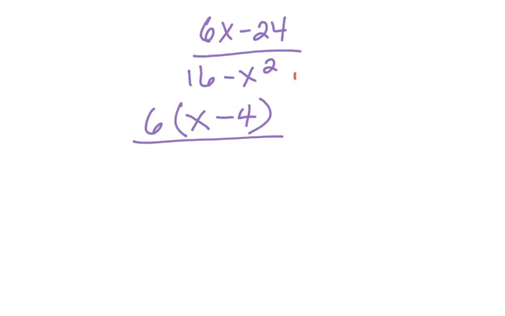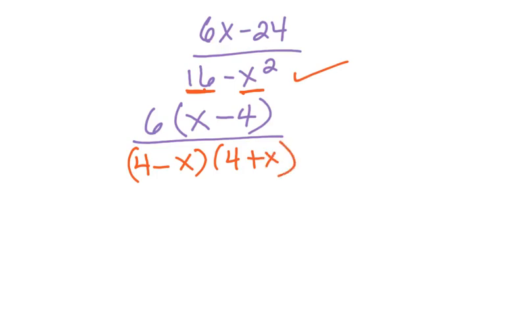The bottom is a difference of squares. That's a square number. That's a square number. All right, so the difference of squares means something plus something times something minus something. So this is going to be 4 minus x times 4 plus x.